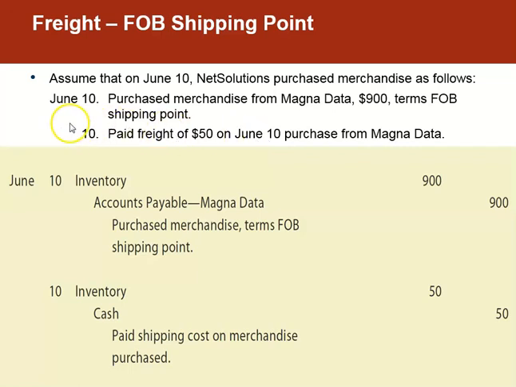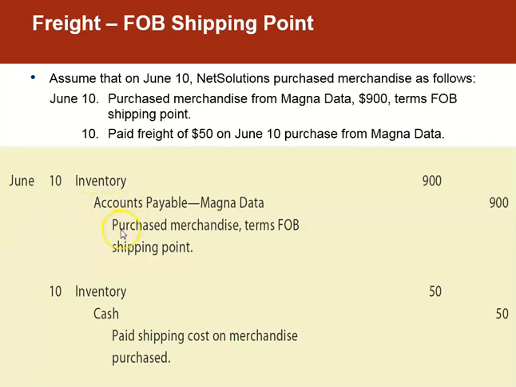So we have a couple of things happening here. We're going to debit inventory because it's an asset for $900, and then we're going to set up an accounts payable to Magna Data for the same $900. That's our liability. So we don't have any purchase discounts or anything like that we have to account for.